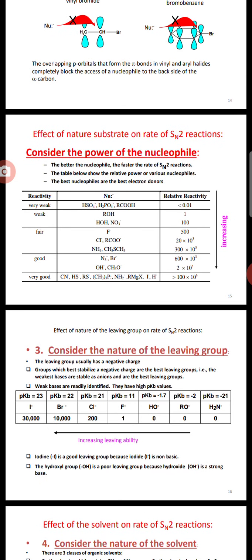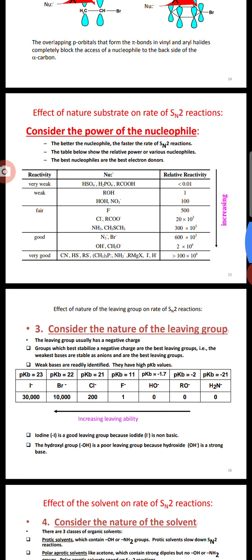Considering the nature of the leaving group, the leaving group has a negative charge. Groups with the best stabilized negative charge are the best leaving groups. As in the given table, iodide is the best leaving group, then bromide, then chloride, then fluoride, then the less reactive hydroxyl ion, ethoxide ion, and then amide ion.